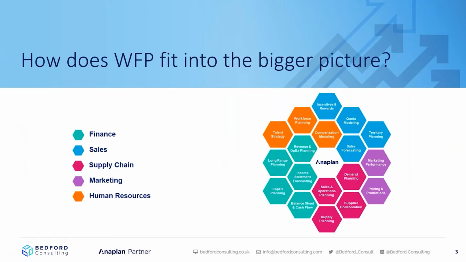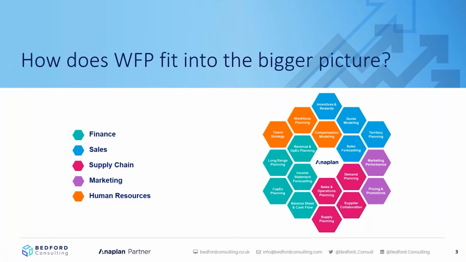How does workforce planning fit into the bigger picture within an organization? Now, anyone that has seen an Anaplan presentation beforehand will understand that we have this use case agnostic, function agnostic approach through the Anaplan platform. What that basically means is that Anaplan can provide solutions to a variety of requirements across your organization.